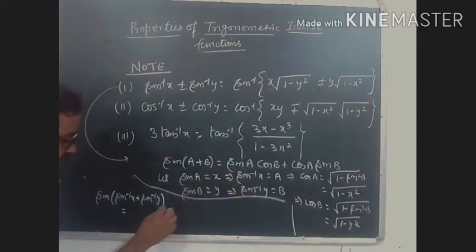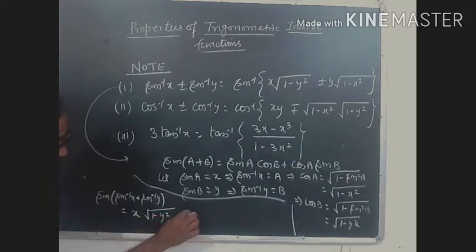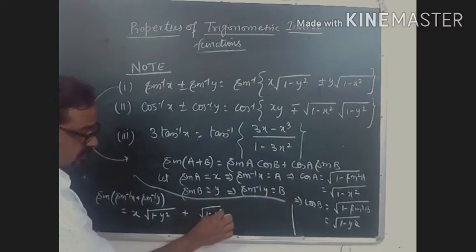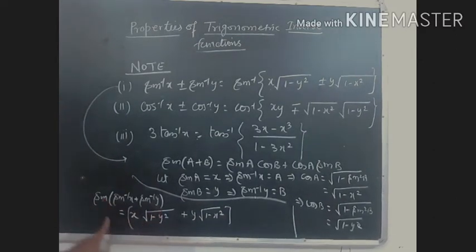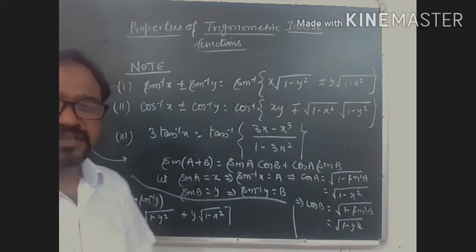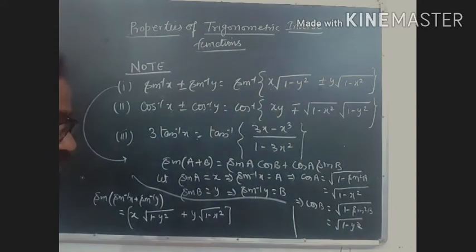Sin a is x, cos b is under root 1 minus y square, plus cos a is under root 1 minus x square, and sin b is y. Therefore, transferring the sign, sin inverse x plus sin inverse y equals sin inverse of x root 1 minus y square plus y root 1 minus x square.